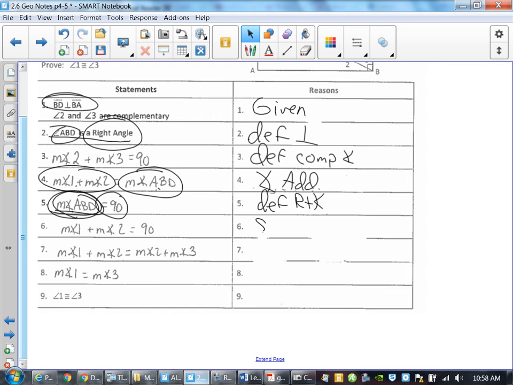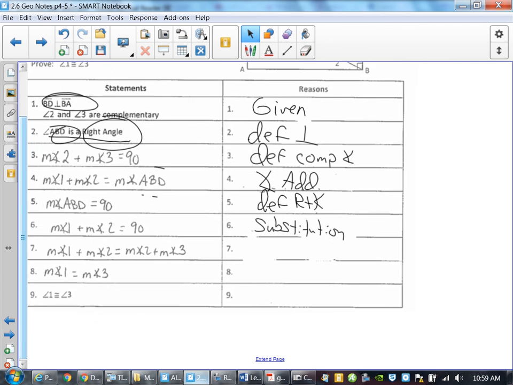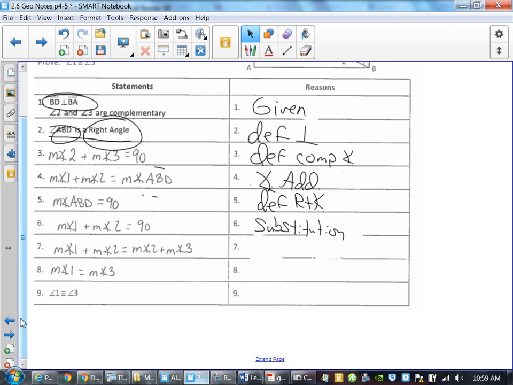Substitution. The reason I can use substitution here is because 1 and 2 is ABD, and ABD is also 90, so that's also got to be 90. I'm trying to see what else is equal to ABD, what else is equal to 90.